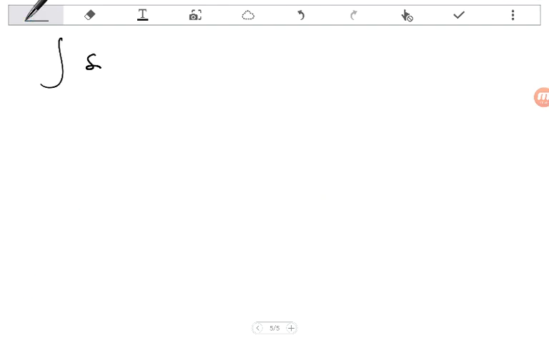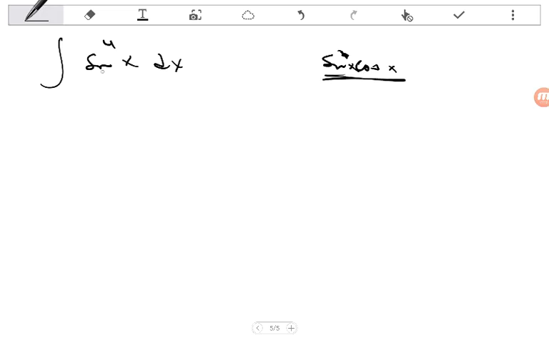So what about this integration of sine power 4x dx? Can I find any odd power? No. So I have to use the reduction formulas. I first try to find sine x multiplied by cosine x. I can't find it here.